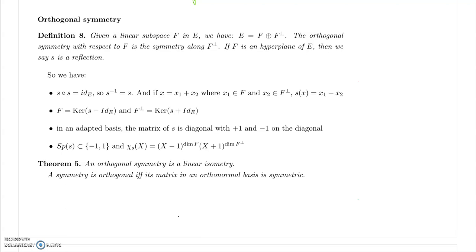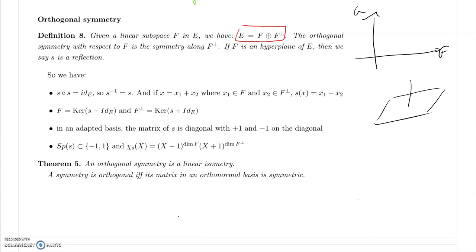So what we're using is that our space E, as we saw earlier, can be described, when you have a subspace F, as the direct sum of F and its orthogonal. So now what changes compared to our previous case is that we have two orthogonal spaces, F and G. If you're in R3, you really have two orthogonal spaces, F and G. That would be one example.